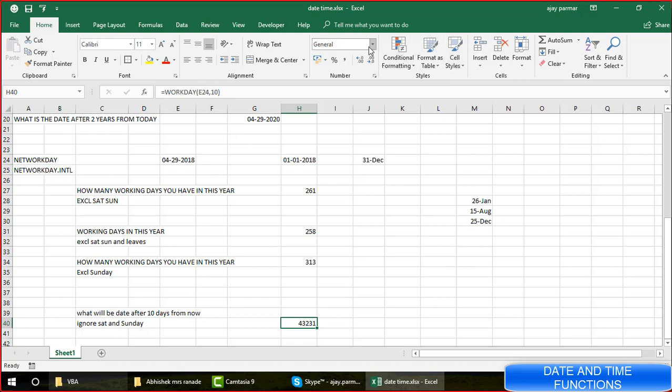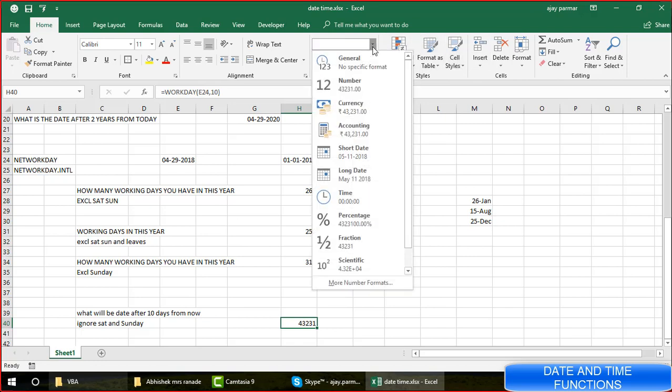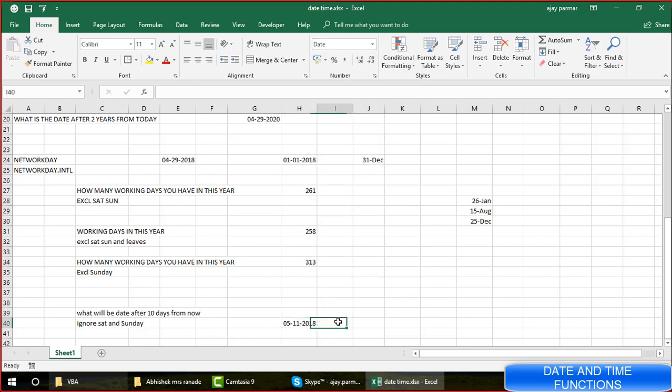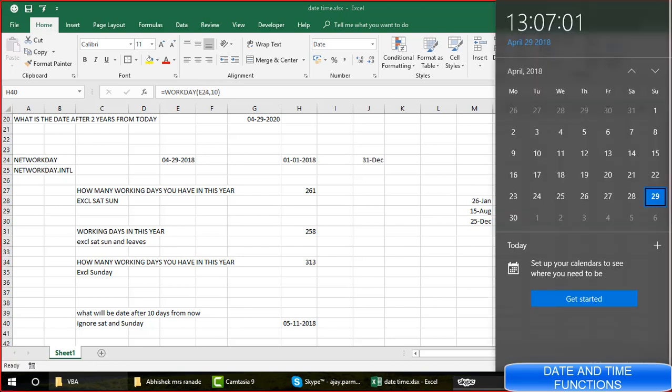So I simply go in the format cells or right click and go to format cells and choose the date. So let's say I use this date, short date. It says 11th of May. You can check that, right? 11th of May, if I open my calendar. Now you can see today is 29th, Sunday.